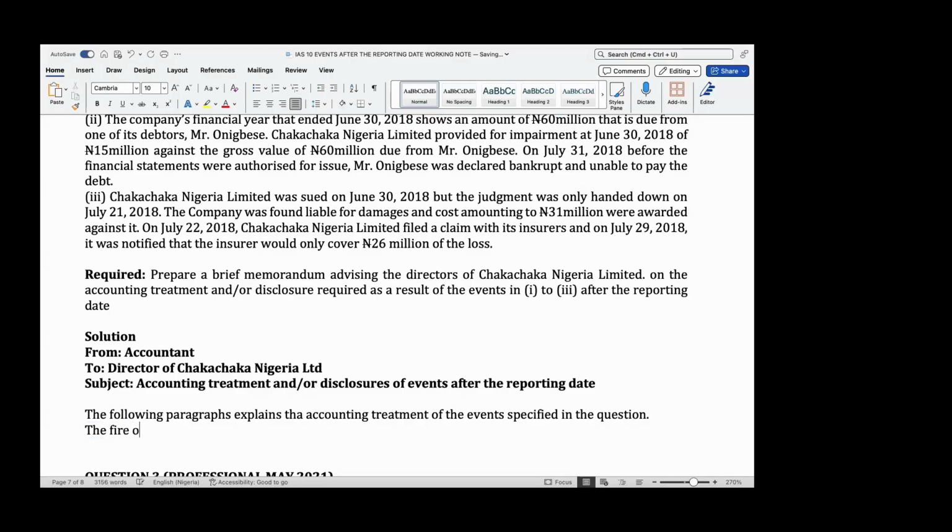The fire outbreak is a non-adjusting event because it does not confirm conditions that exist at the reporting date.